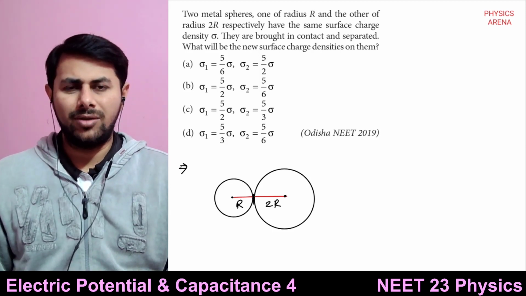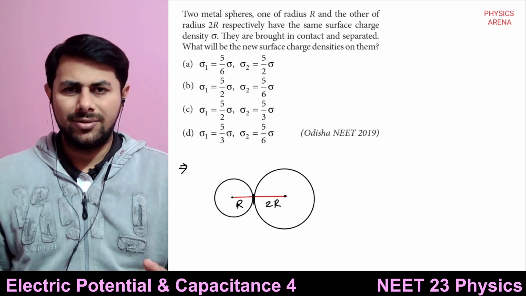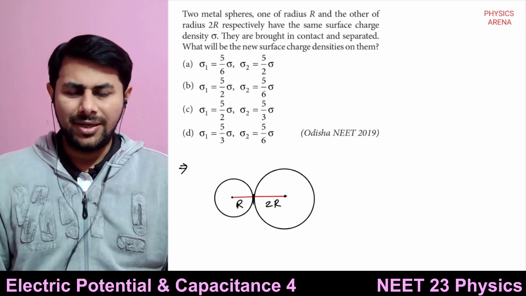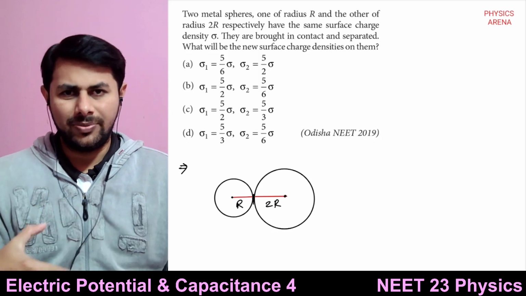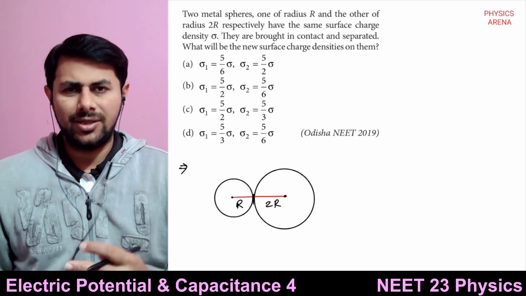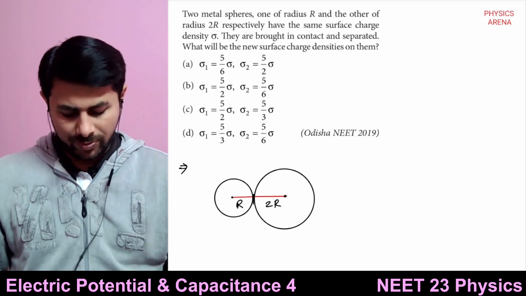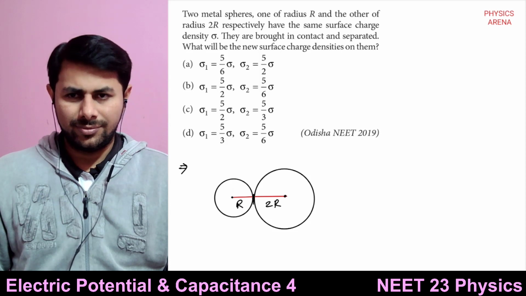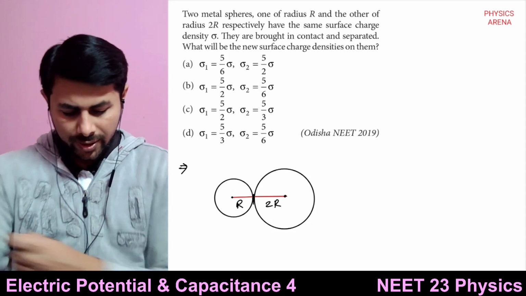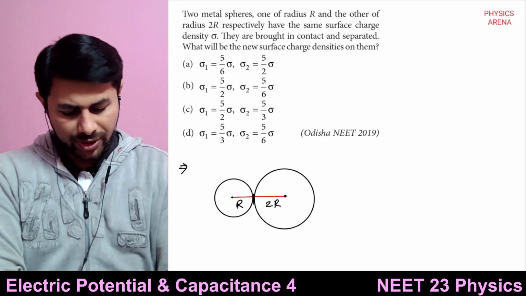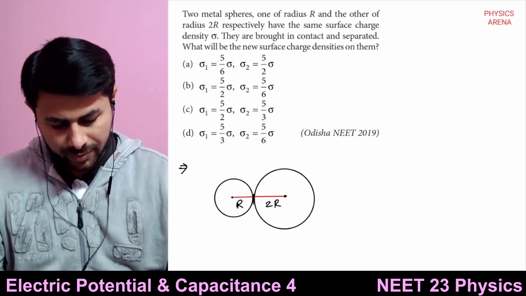Charge will move from higher potential to lower potential, right? It will move in direction of the electric field. Till what time will it keep on moving? Till the time the potential on both these spheres become equal.